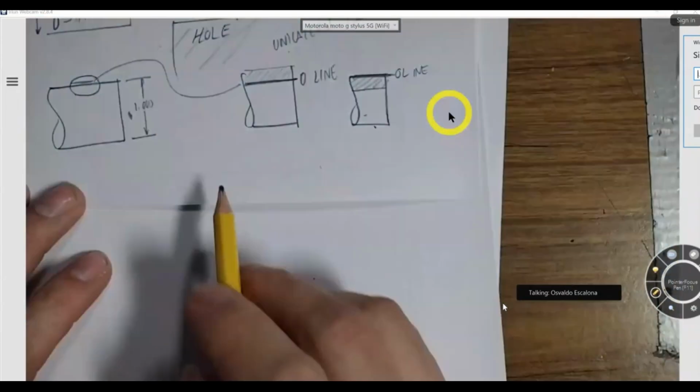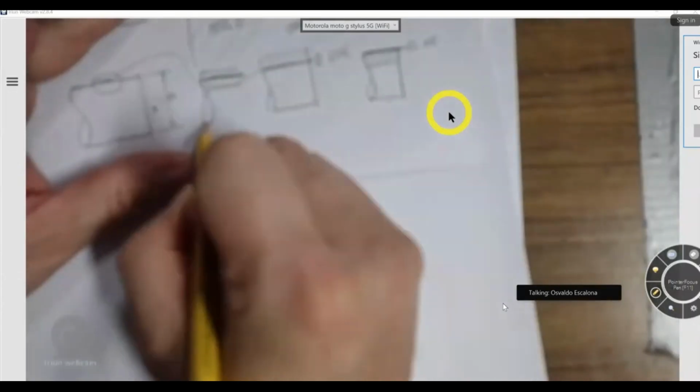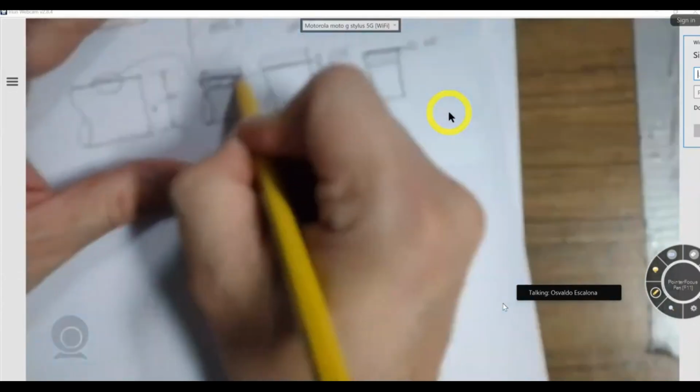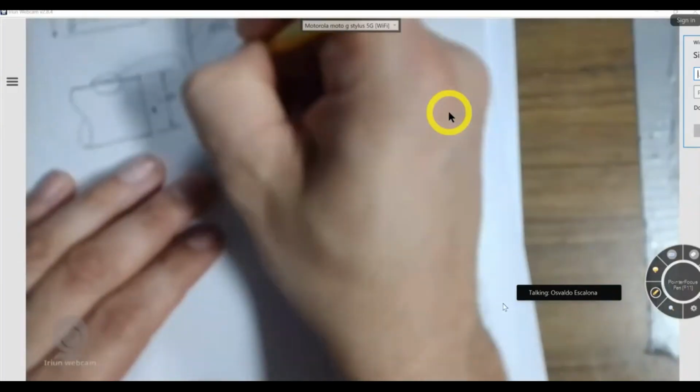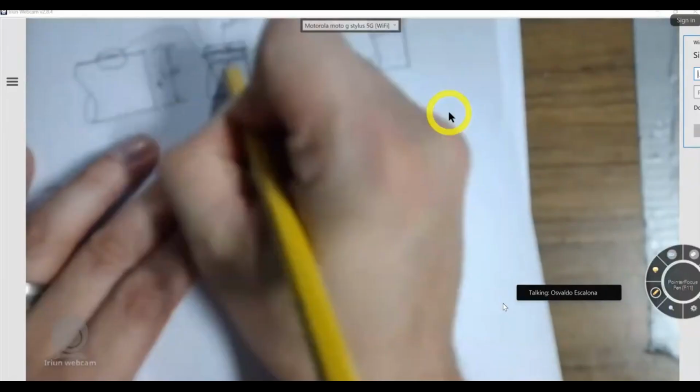For example, I'm going to put another line somewhere here, and I'm going to put the same shaft, and I'm going to allow it to go up and down, and whatever is on the top has to be on the bottom. This is how you have the plus 0.015 minus 0.015.